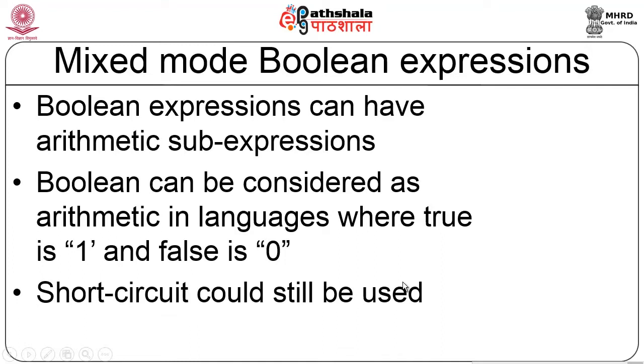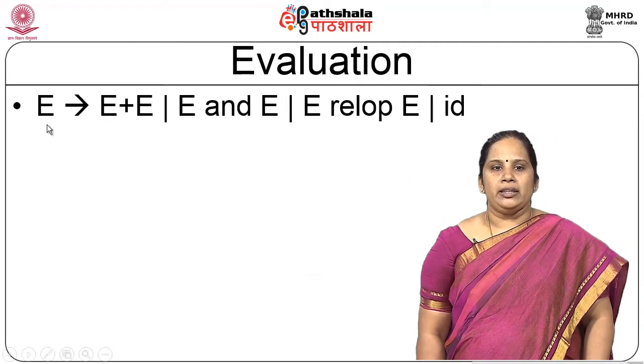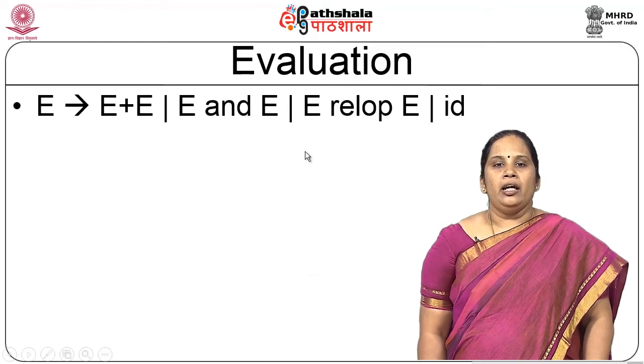In addition, short circuits could also be considered for generating 3 address code that involves mixed mode of operands. So, let us look at this. E produces E plus E, E produces E and E, E produces E relop E, and ID finally.